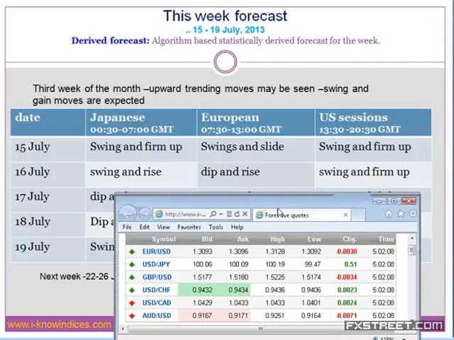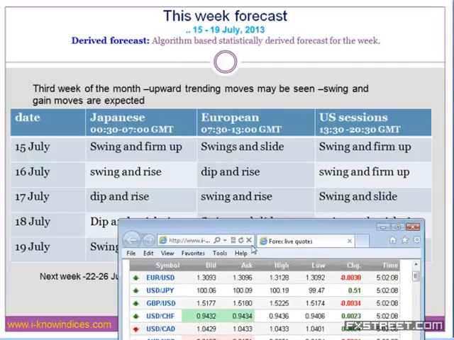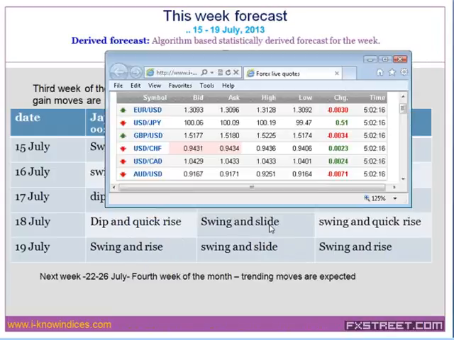And then after a high level swing, they are expected to make the slide during the late European session. Then afterwards, swing and quick rise could be seen during the US session. So now you come across the market is showing Euro negative net change, GBP negative net change, and Australian dollar more negative net change as the USD gains more.